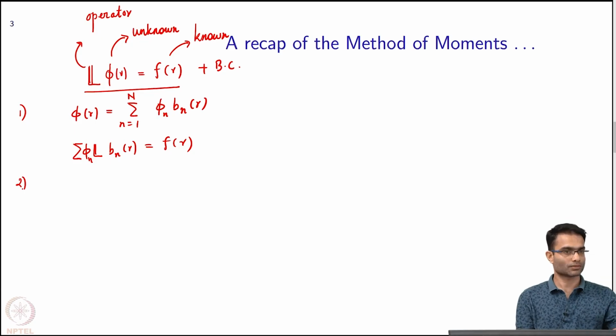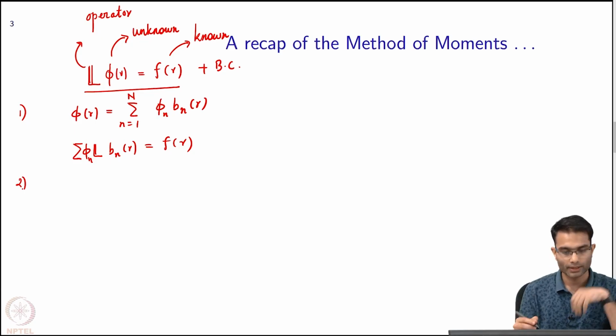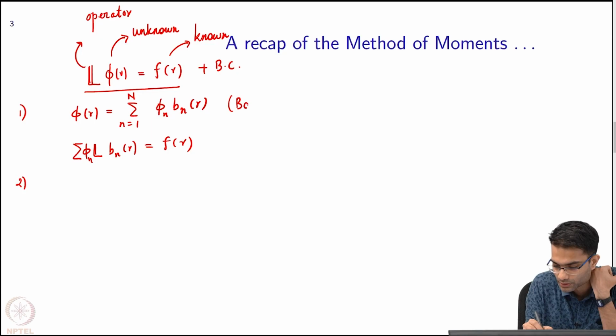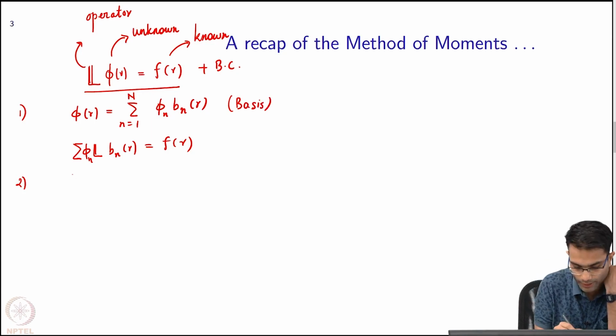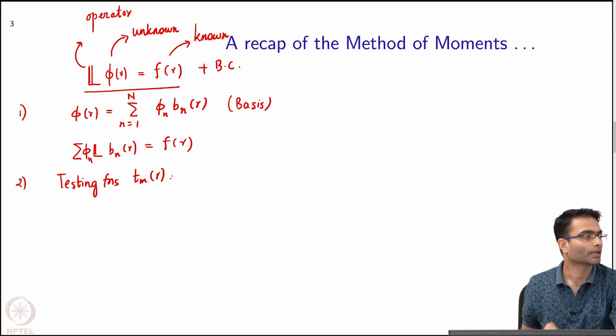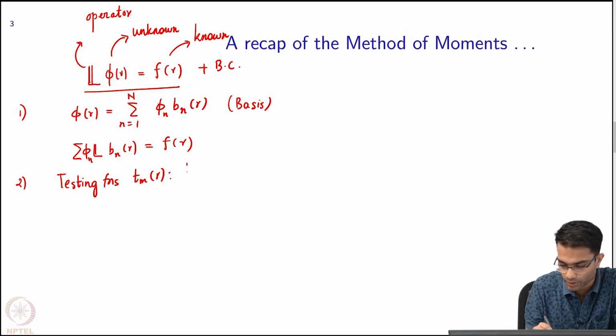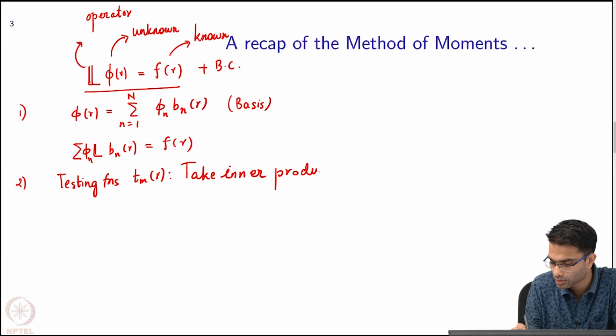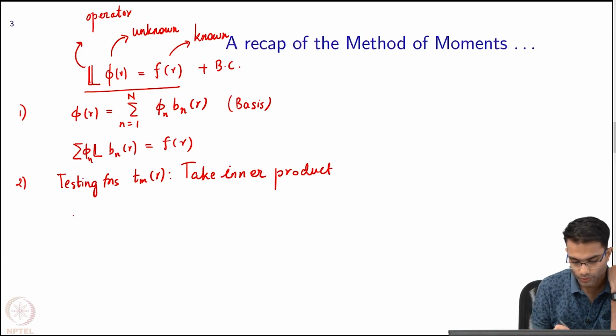Basis is one's first step, testing, right. So, these were basis functions and the next step was testing functions T m of r. So, what did I do? I took an inner product, right. So, take inner product. So, what happened?